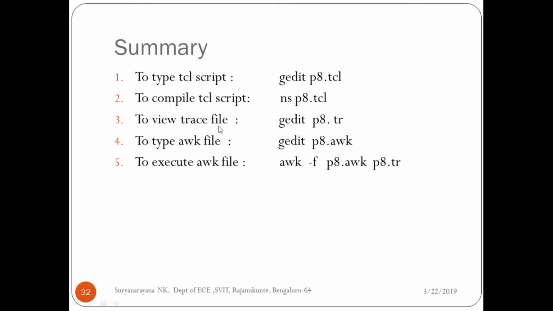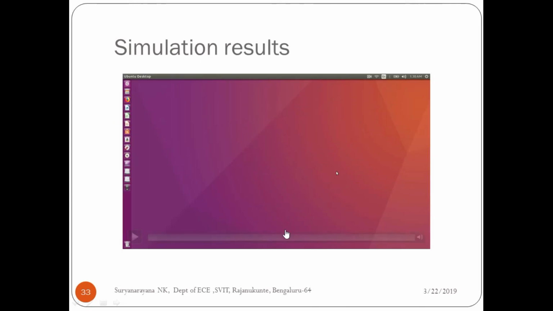To view the trace file, you can type gedit p8.tr or vi p8.tr. To create the AWK file, type gedit p8.awk, and to execute the AWK file, we need to type awk -f p8.awk p8.tr. And here you can see the simulation result obtained.